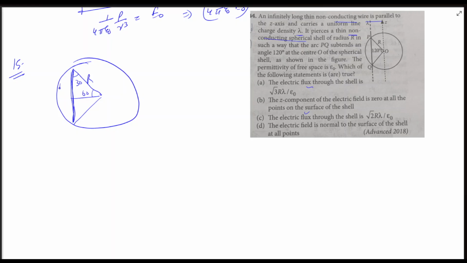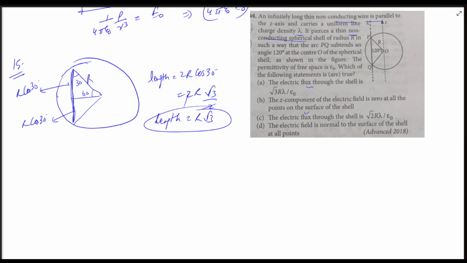So this length will be r cos 30, and the length inside will be 2r cos 30 degrees, which is 2r root 3 by 2. So we will have length r root 3 inside the sphere.